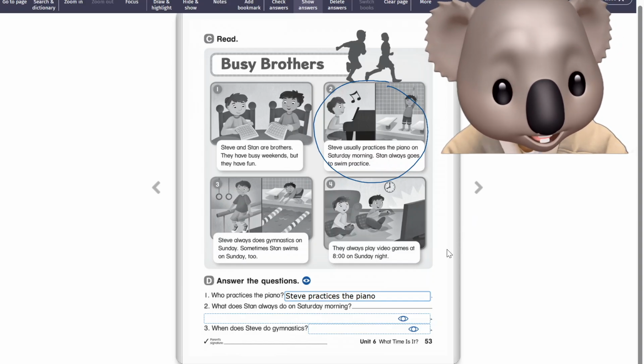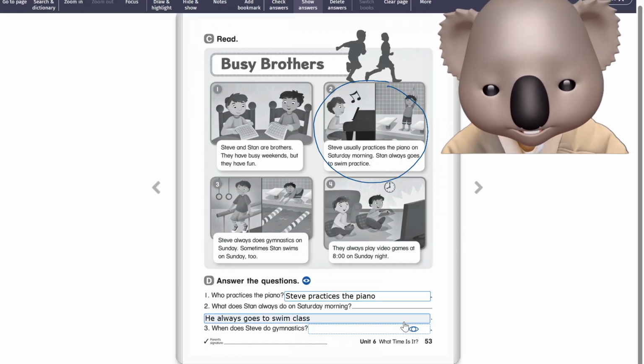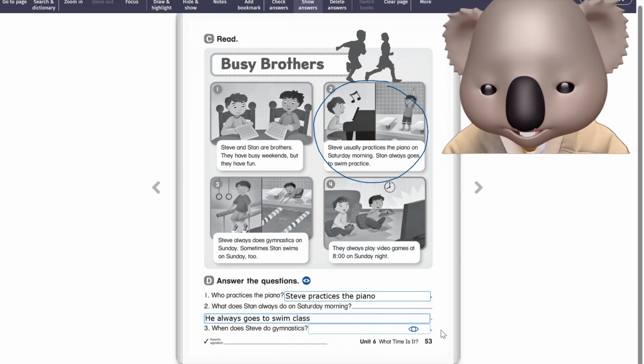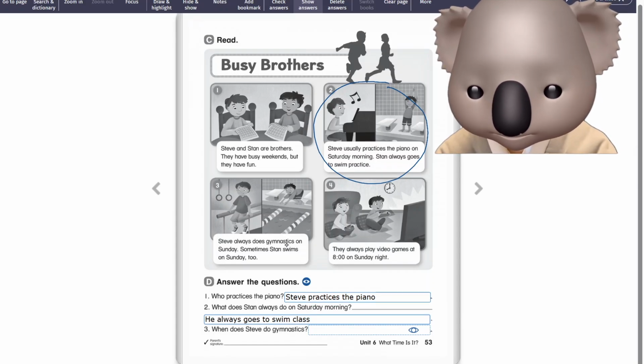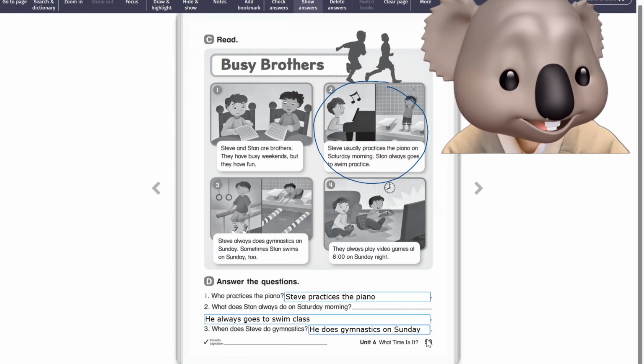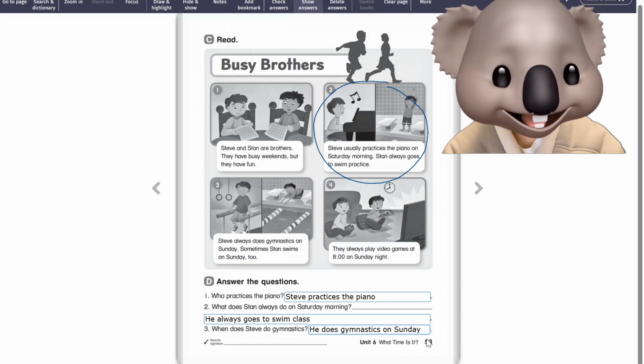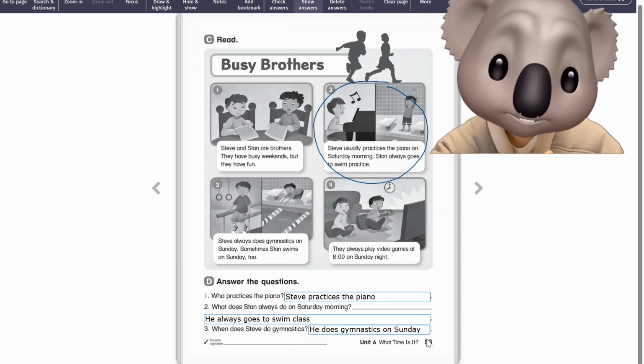Stan always goes to swim class. And number 3. When does Steve do gymnastics? gymnastics가 여기에 나오니까 He does gymnastics on Sunday. Great job! Check your answers and I'll meet you on the next page.